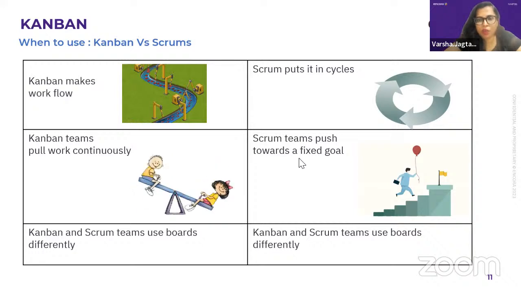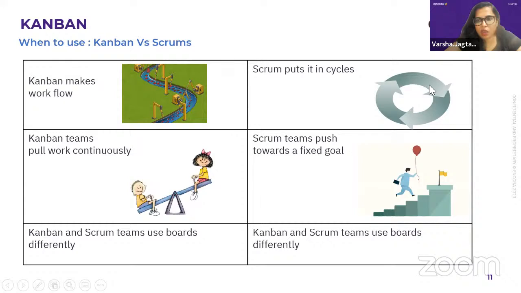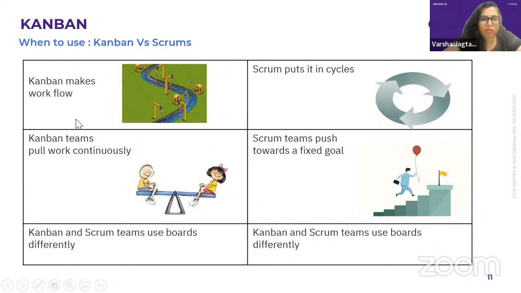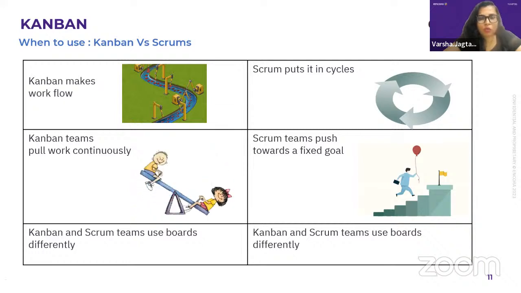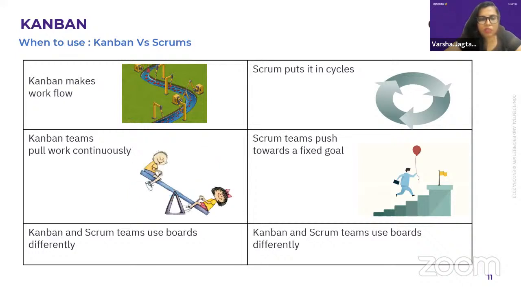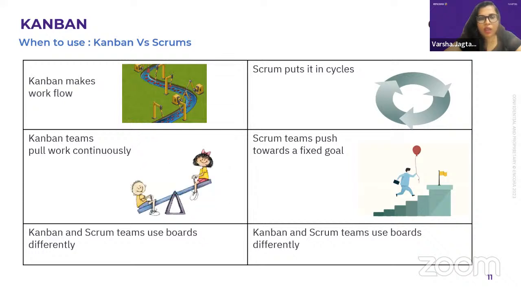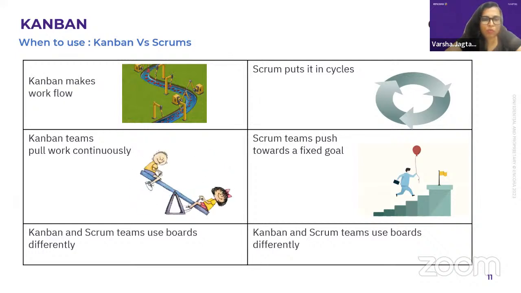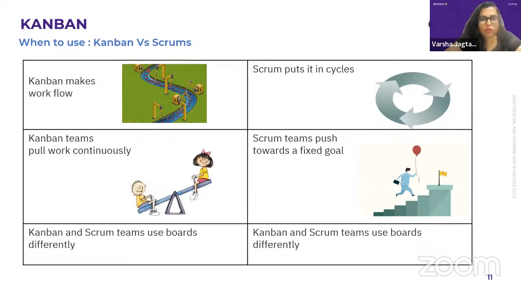We had a goal and we kept it in a cycle until it was delivered. Kanban, however, makes a workflow and it is ongoing. Maybe we have delivered the base version to a client, and now we have very client-specific requirements which we know would keep on coming. Or maybe we have a support ticket that we need to fix every year.